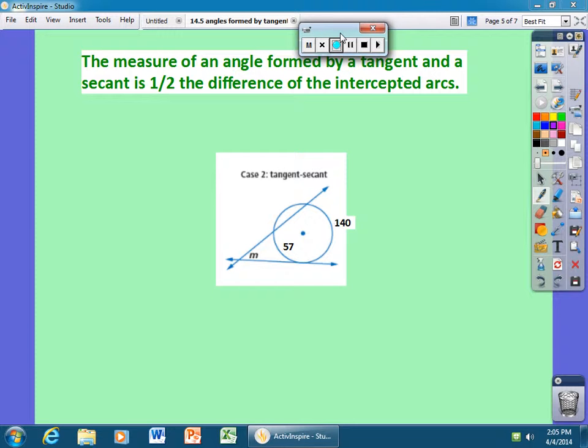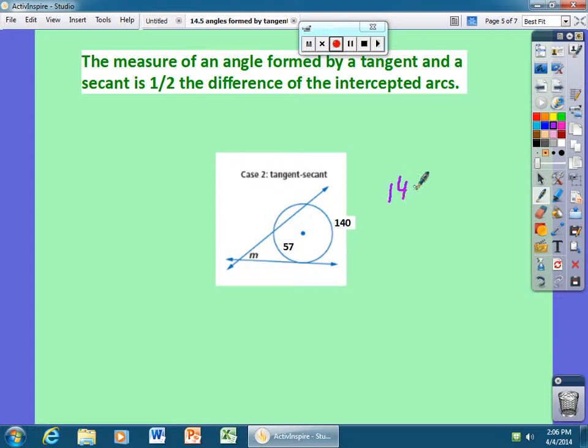Okay, and then we have ones where we have a secant and a tangent that meet outside the circle. And whenever it meets outside the circle, it's the same as if we had two secants meeting outside the circle.